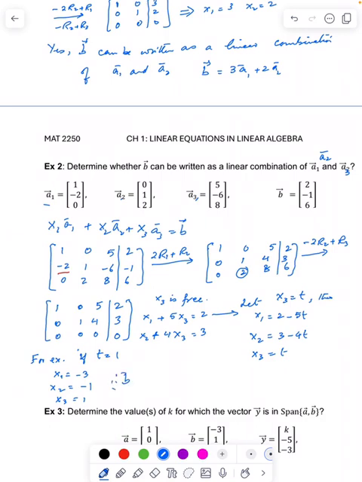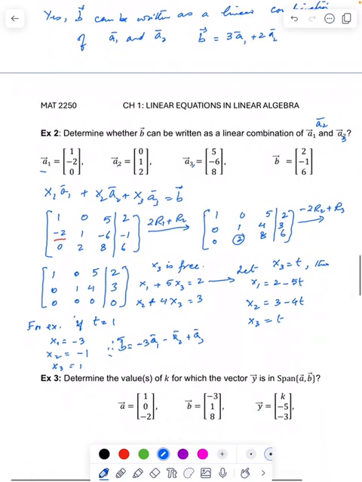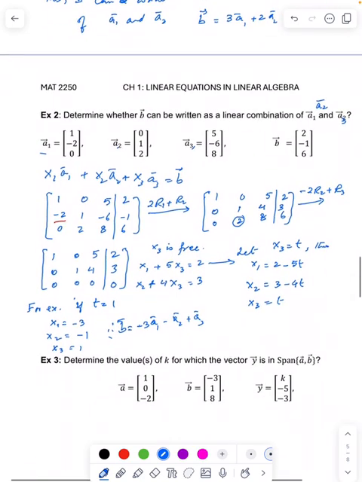Therefore, B can be written as -3a1 minus a2 plus a3. Now, if you give t another value, you can see that you will get another linear combination.